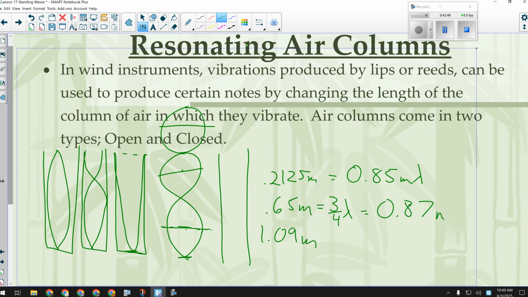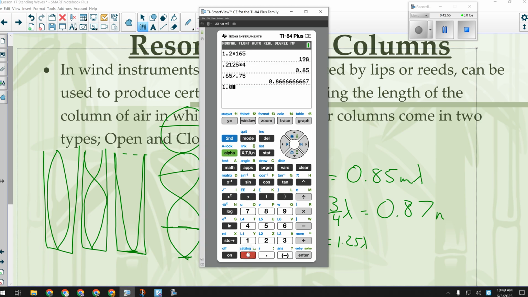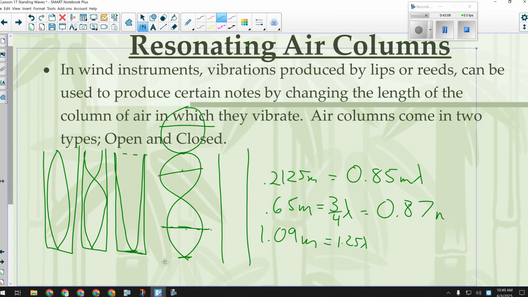So that represents 1.25 wavelengths. If I divide that number by 1.25, pretty close, right? We got 0.87 twice, the way we were judging that. There's a fair amount of human error in that. Let's say that one, I didn't do a very good job of guessing where it was. Let's say our wavelength is 0.87 meters.